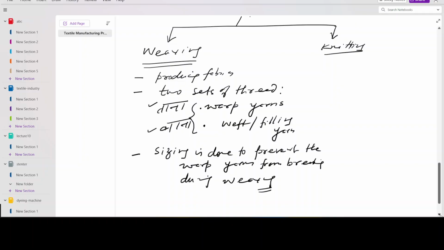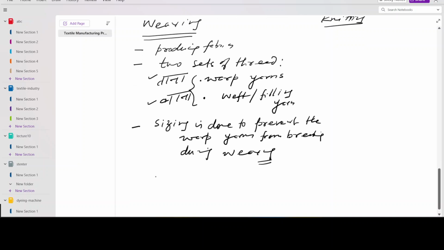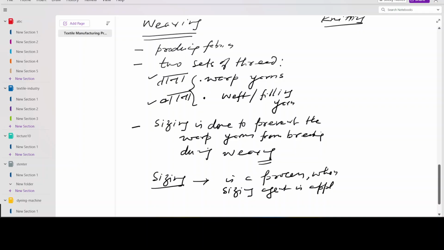Now let us understand sizing. Sizing is a process when sizing agent is applied to the warp yarn.